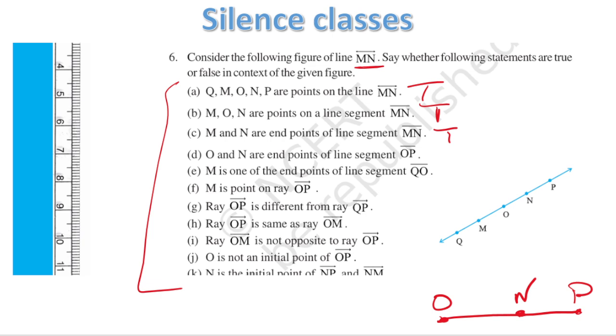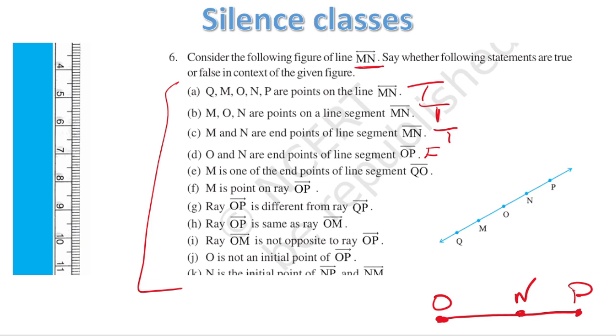It is saying that O and N are the end points of line segment OP. No, it is not the end point, because the end points of this line segment are O and P. So O and N is not the end of this particular line segment.